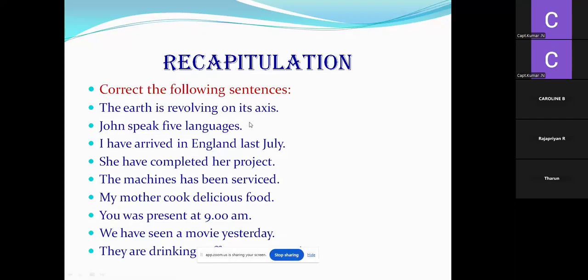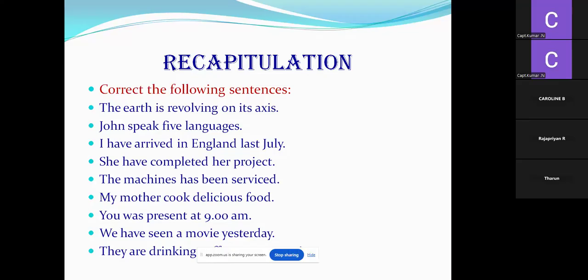Okay, let's see the second example. John speaks 5 languages. Is the statement correct? Can you tell? See, again here, it is simple present tense. That is his ability. We are talking about his ability, like a habit. So it does not change. So which tense do we use to express habit?